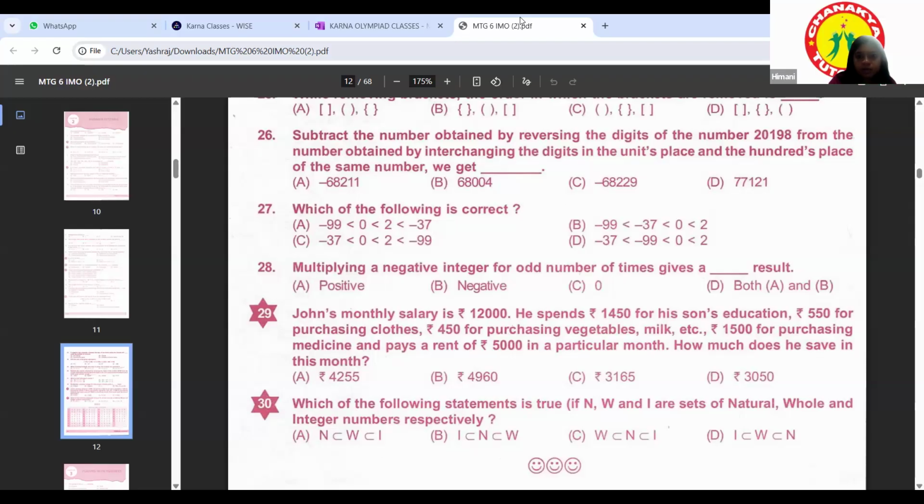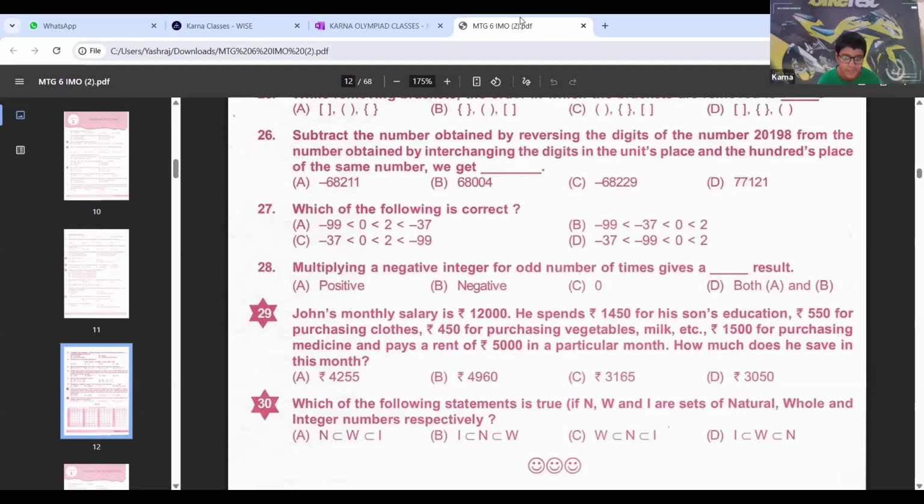Okay. 28. Multiplying a negative integer an odd number of times gives a... Ma'am, I didn't get the question. See, they are asking, if you take a negative integer and multiply it an odd number of times, will you get something positive or something negative?